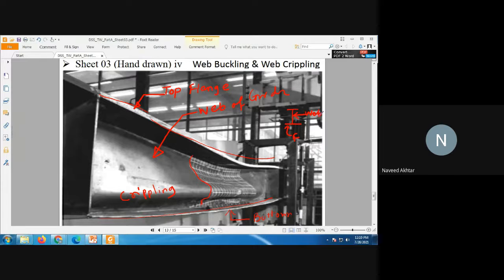In a channel section also there are two parts, web and flange. The top is the flange, the bottom is the flange, and this is the web. So in I section, channel section, H section, and many sections, you can see this.